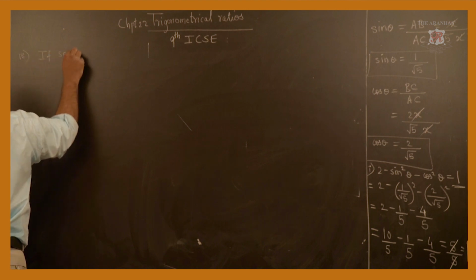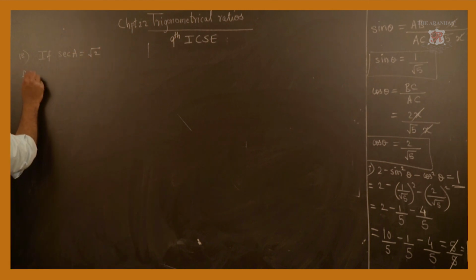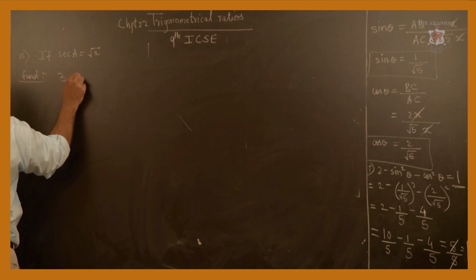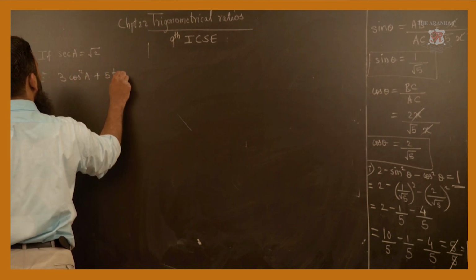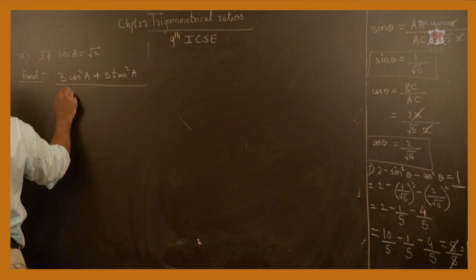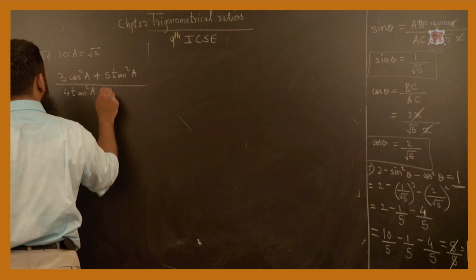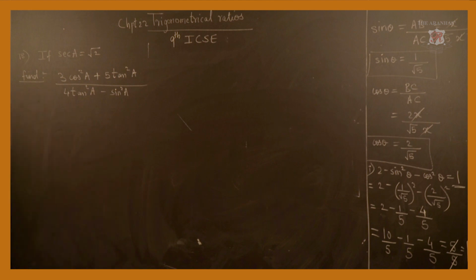If sec of A is root 2, then they have asked to find (3 cos square A plus 5 tan square A) upon (4 tan square A minus sin square A). This is the thing which we have to find.